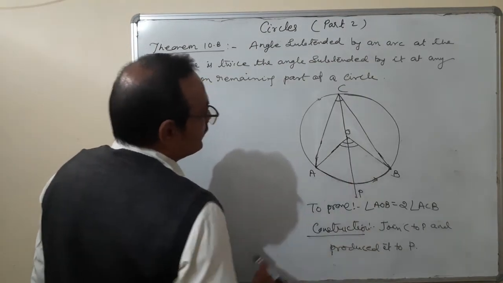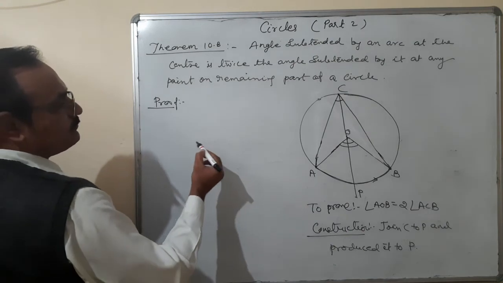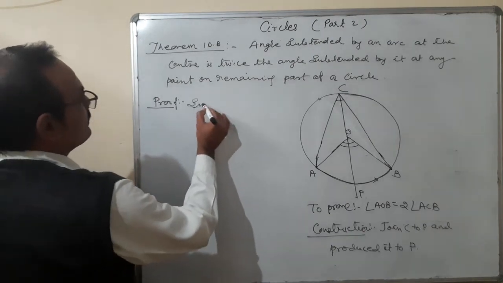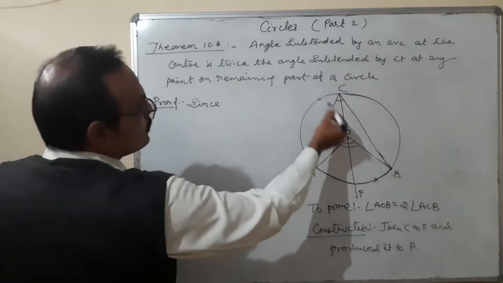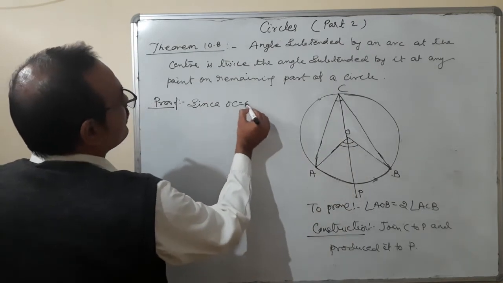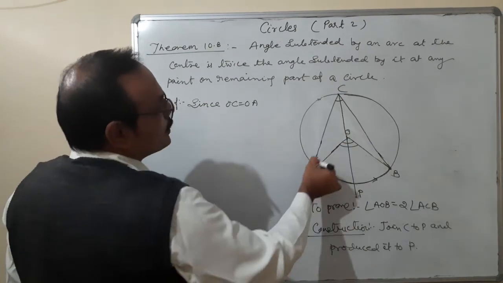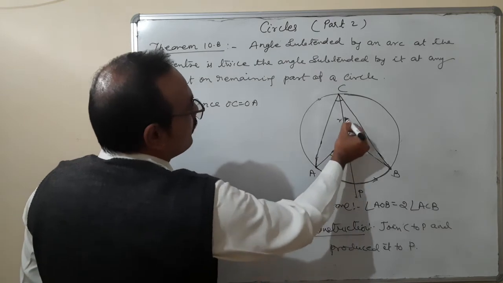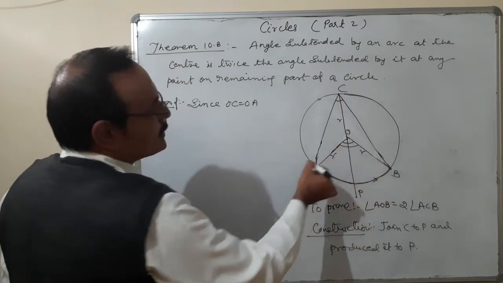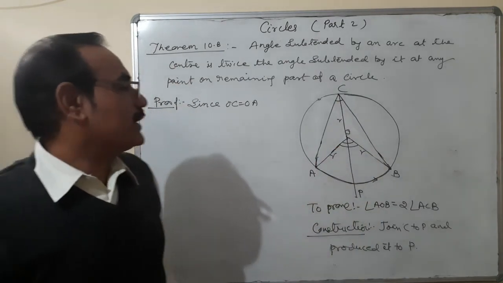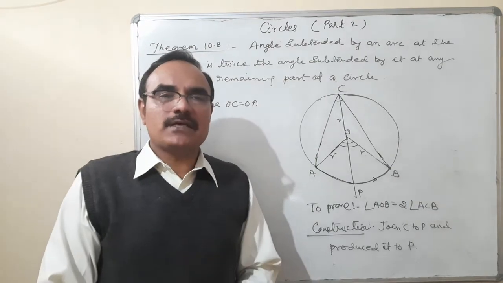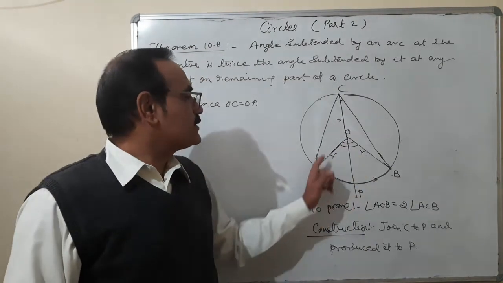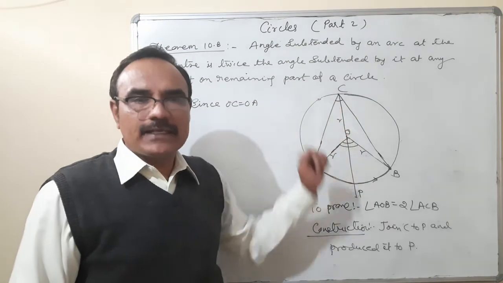Angle AOP. Since OC is equal to OA, they are radii, all are equal. And as you know, angles opposite to equal sides of a triangle are equal. So OA is equal to OC, that means their opposite angles are equal.